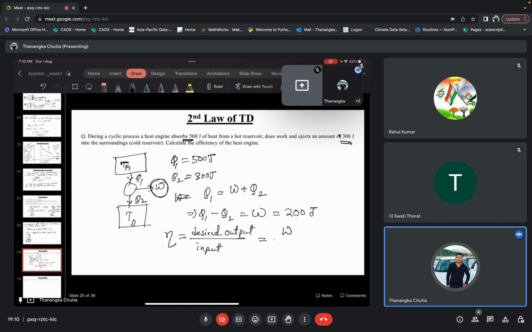And the input is basically Q1, because Q1 amount of heat you are taking. So your efficiency will be 200 divided by 500, which is 0.4. So this is basically 40% efficient.